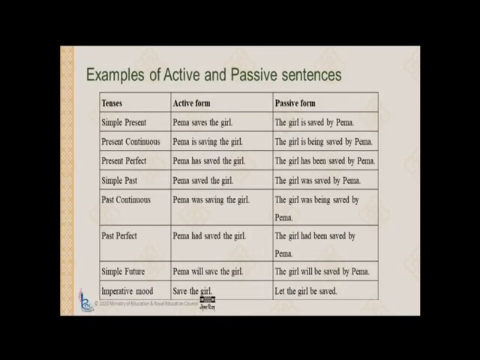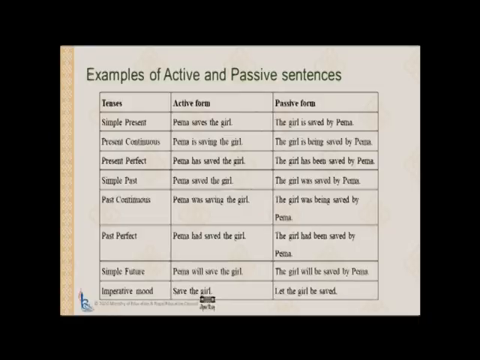Similarly, in the present perfect, Pema has saved the girl. The girl has been saved by Pema. In the simple past, Pema saved the girl. The girl was saved by Pema. In the past continuous form, Pema was saving the girl.